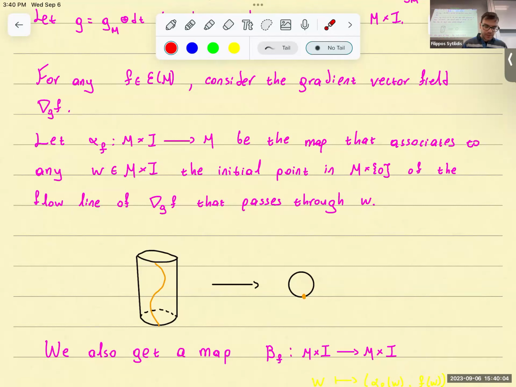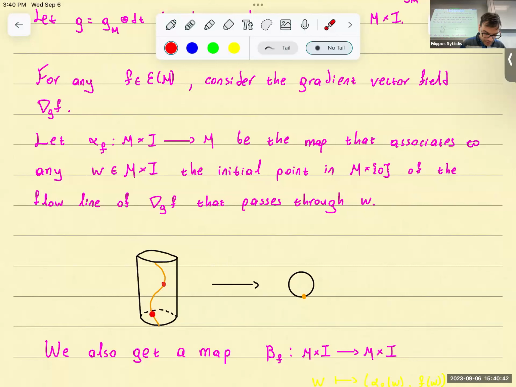So I'll be using these flow lines to define this map from M cross I to M. What I will be doing is, if you give me any point on M cross I, I'm going to ask myself, which flow line passes through this point? So if you give me this point here, well, this orange flow line that I gave you passes through this point.